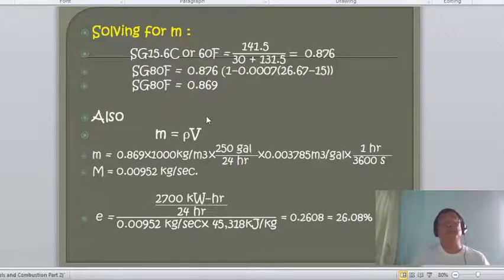Converting cubic meter to gallons, and hour to seconds, the equivalent is 0.0095 kilogram per second. Substituting the values in the formula for efficiency, the overall thermal efficiency is 26.08%.